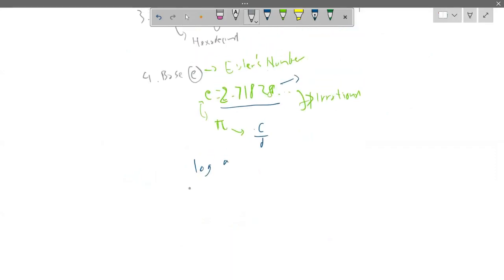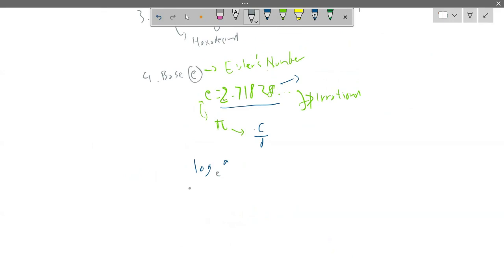Okay, so when we take the logarithm of any number, we can have any real positive number that isn't one as a base. It so happens that when we pick e here, it has a special meaning.